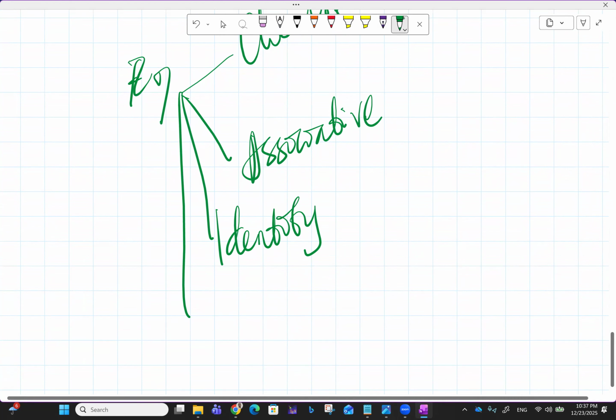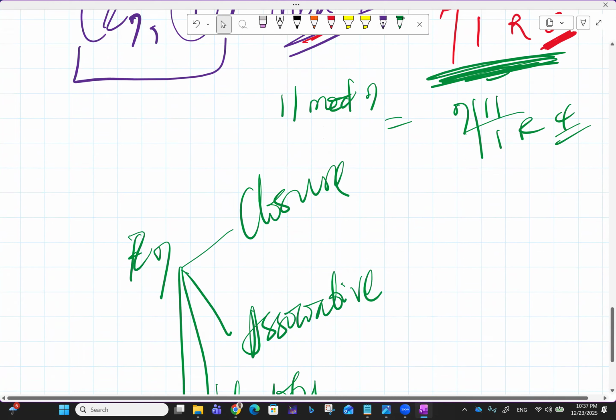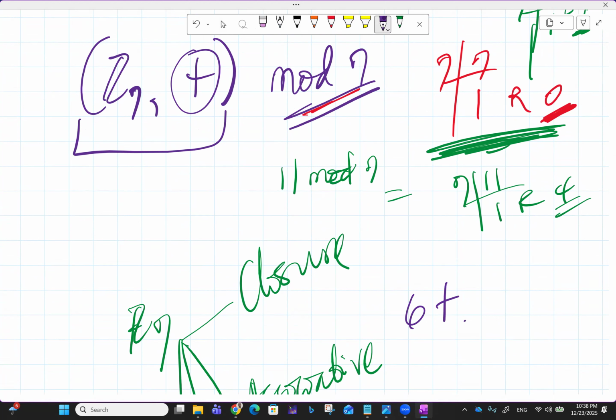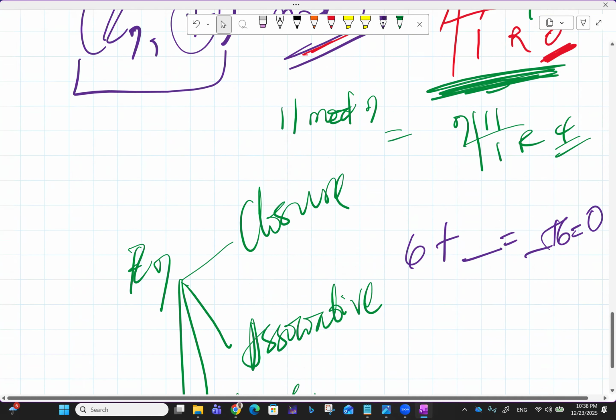And then the last thing is about inverse. Do we have inverse here? So let's check. If you pick any number, say you pick 6, what will you add to 6 to always get 0, which is the inverse?